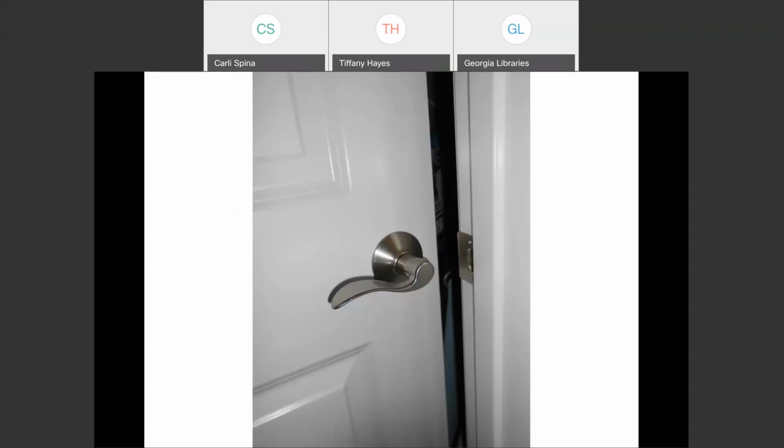Similarly, a lot of people probably even have these types of doorknobs in their homes, but they were originally designed not just to be aesthetically pleasing, but to make it easier for people who have manual dexterity issues. For example, somebody who has arthritis can open the door just by pressing on the lever as opposed to being able to grab and turn a doorknob.